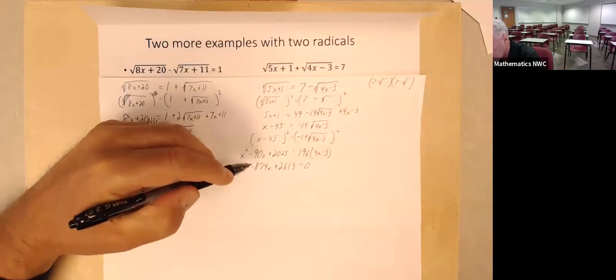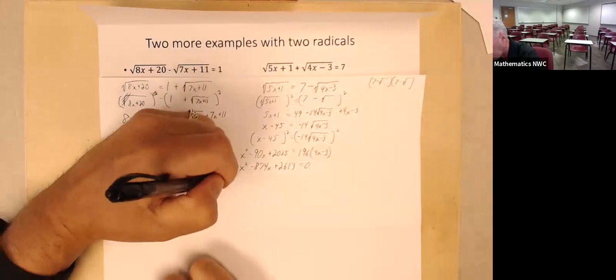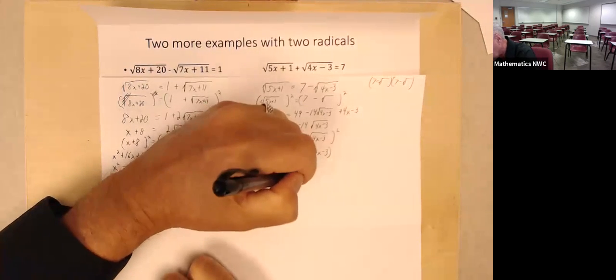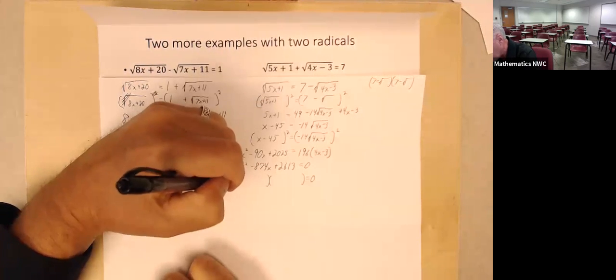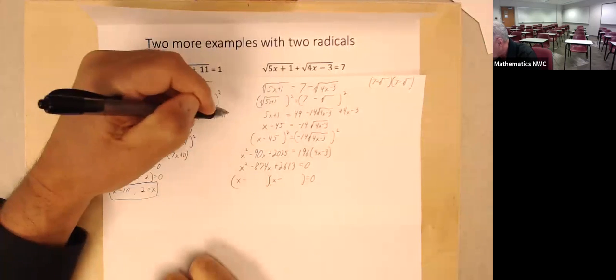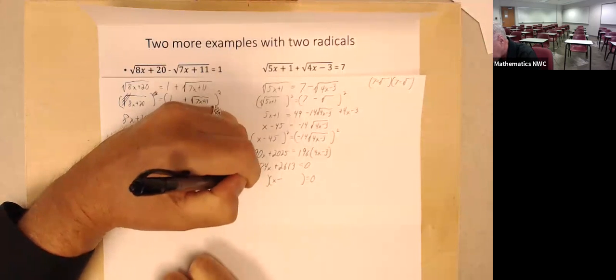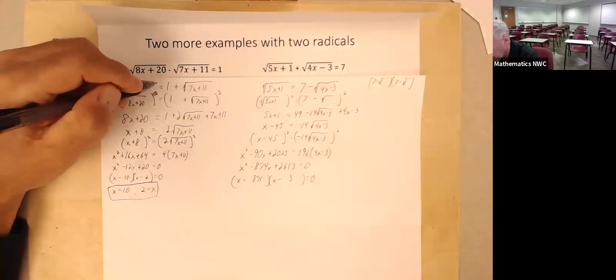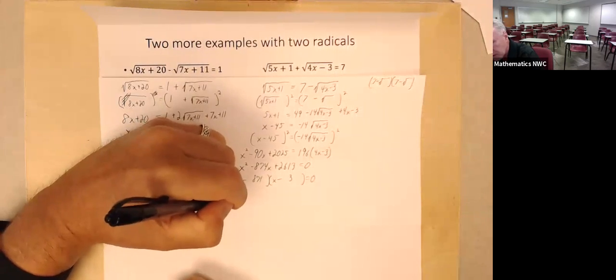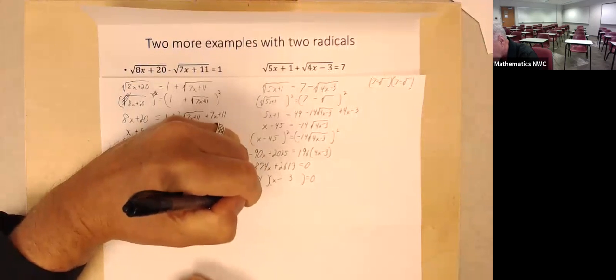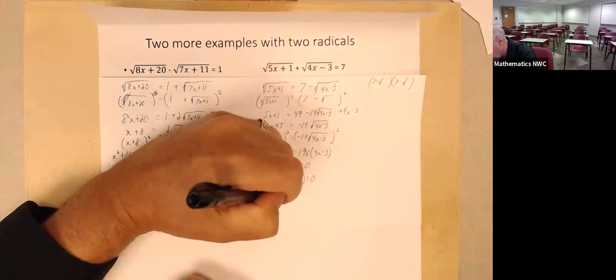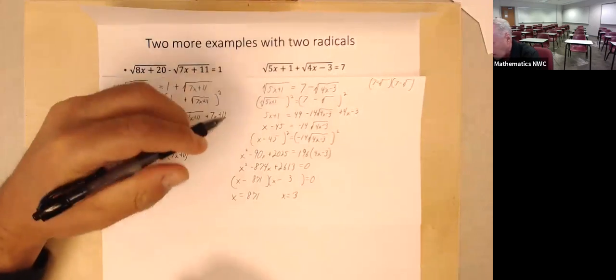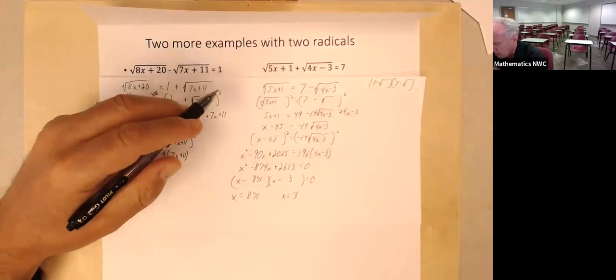Again, huge numbers. Even if you go to a quadratic formula, huge numbers. However, they do factor. Turns out the factors are 871 and 3. Who would have guessed, right? But that means your solutions are 871, solutions are 3. You would need to check both of these out.